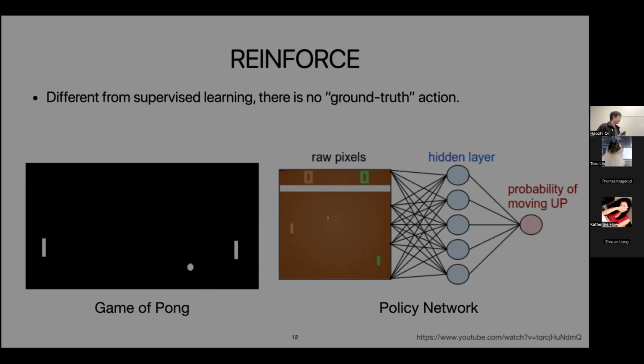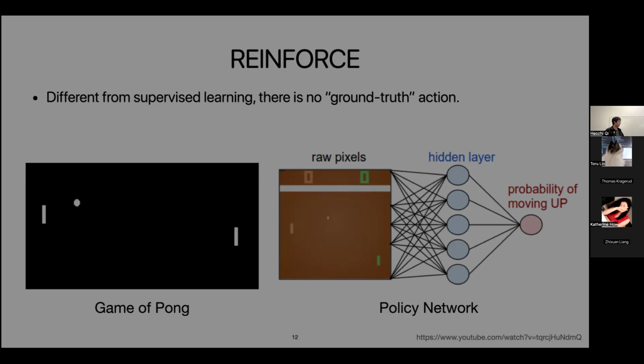Imagine you have some agent, and usually what we nowadays do is have a neural network that directly takes the image as input and outputs some actions. These actions can simply be, if it's 0, it moves downward. If it's 1, it moves upward. The one difference between RL and supervised learning is that you do not have a very concrete definition of what the label is.